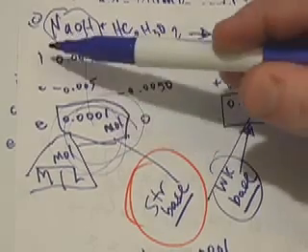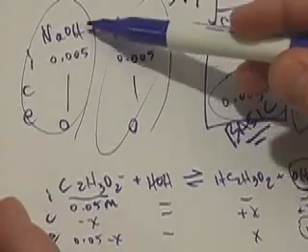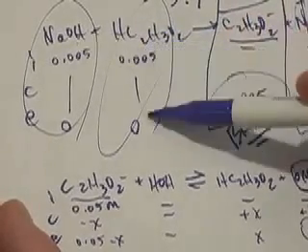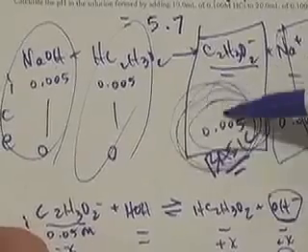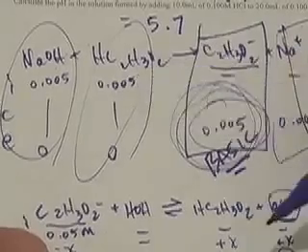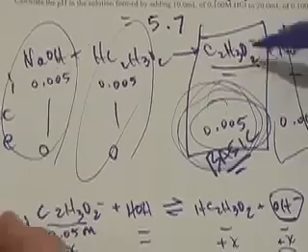That happened in letter C. Looking back at letter B down here, if you have neither the strong substance nor the weak substance left, both went away, it'll be the conjugate of the weak thing that will drive the pH. In this case, it happened to be the conjugate base of a weak acid. But if this happened to be a weak base, this would be the conjugate acid of it.